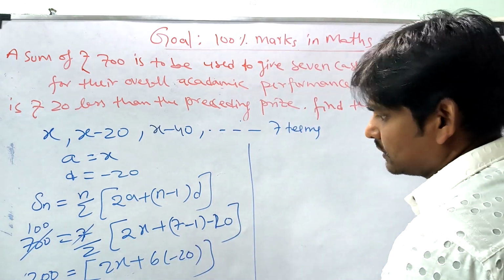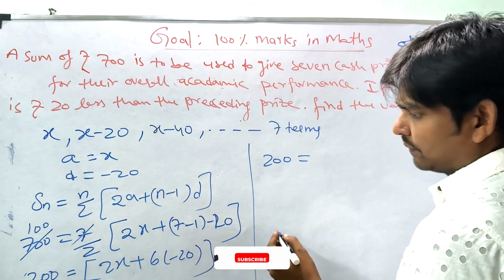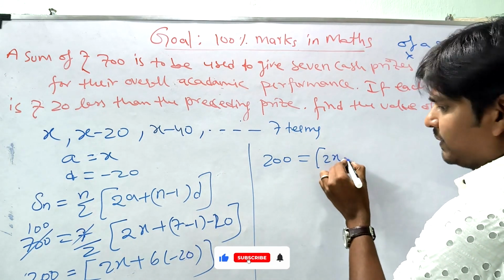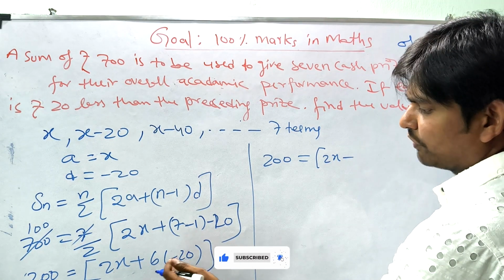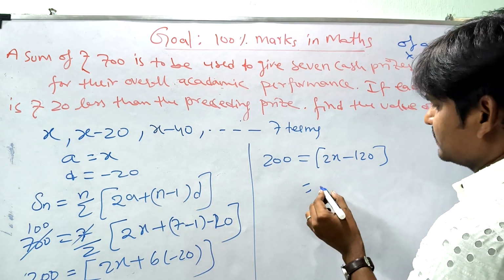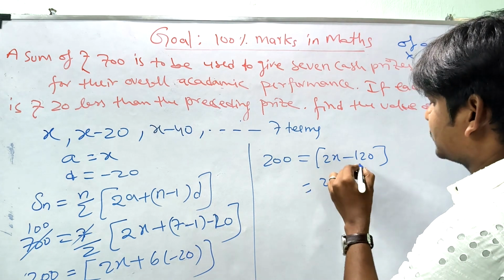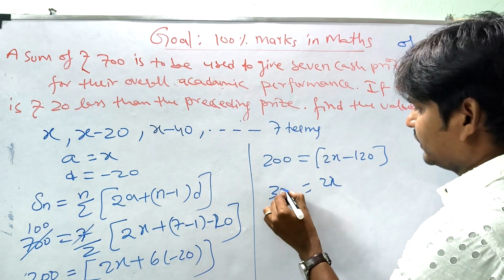Now I am solving here. 200 is equal to 2x minus 120, because minus 20 into 6 is 120. Now from this, 2x is equal to, transposing minus 120 to this side, 320.